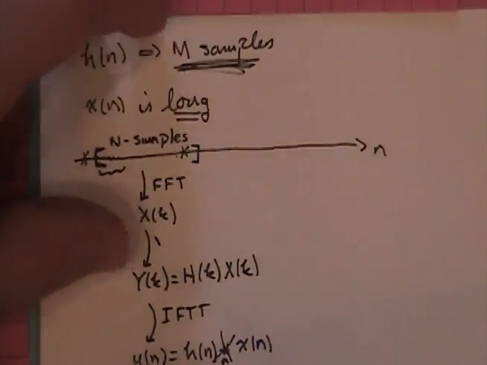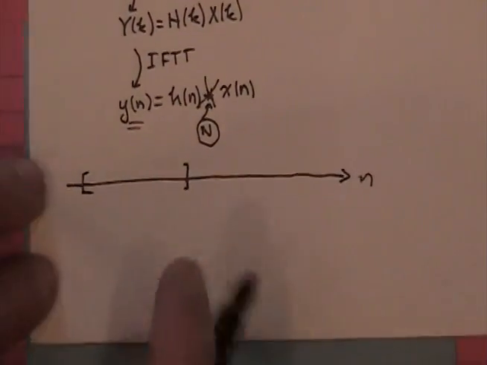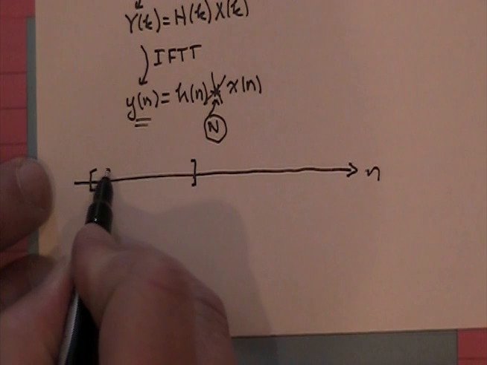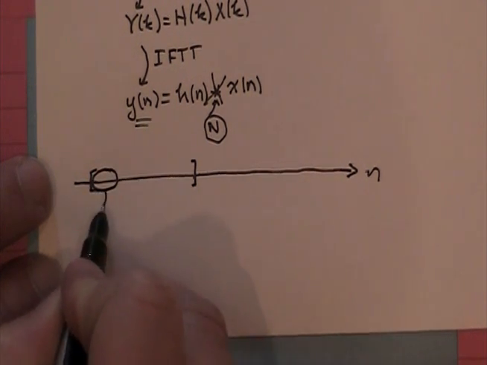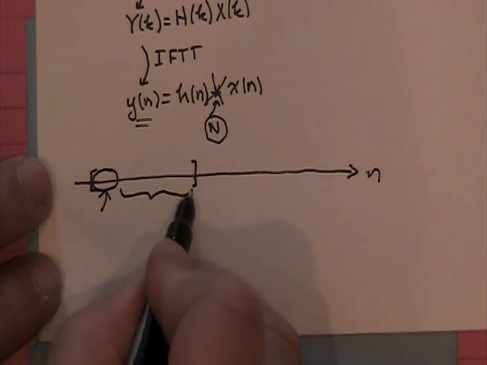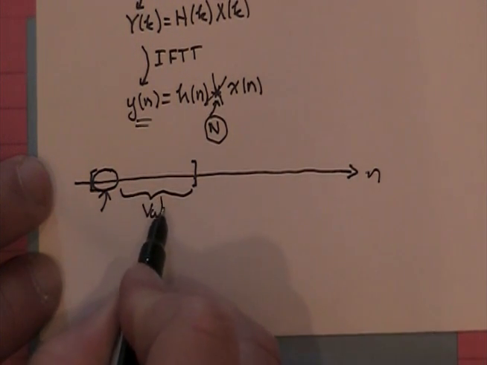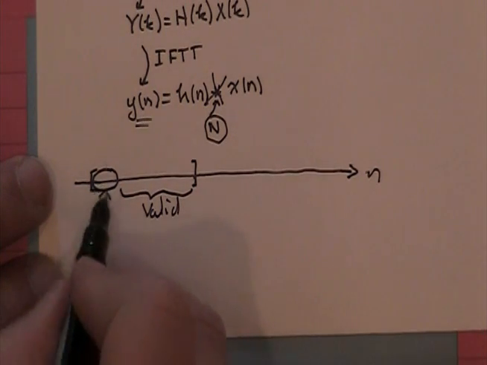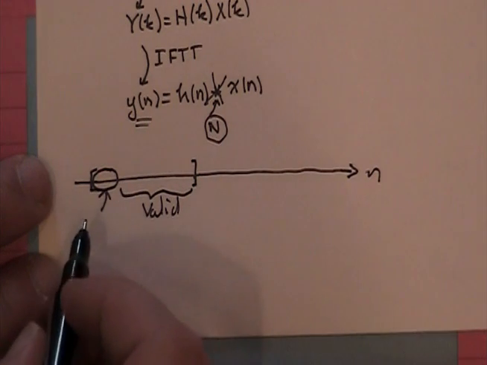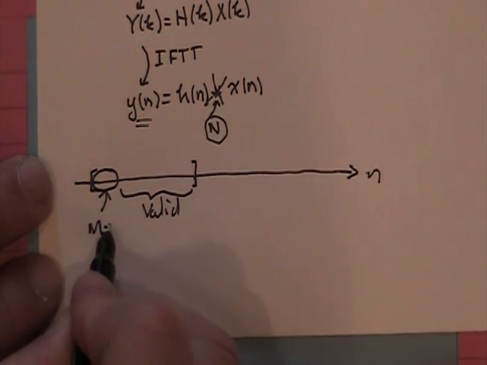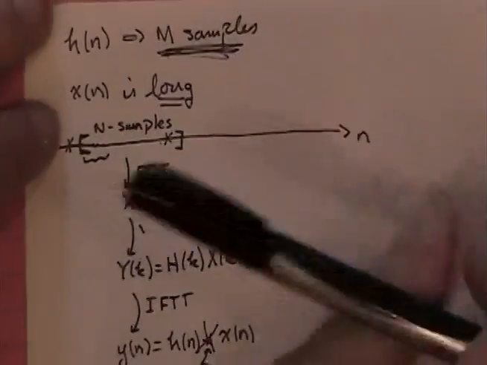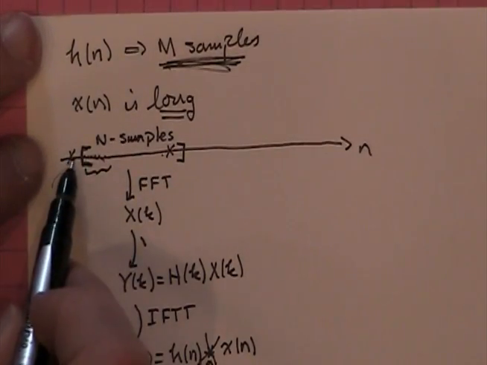Okay, so what ends up happening on my output sequence y of n is I get a little group of samples out here that are bogus, right? But for most of the array, I'm going to get valid values. And I can predict exactly how many bogus samples I get at the start of this array. There's going to be m-1 values. It's the whole set where, when I do the linear convolution, I would be indexing outside of the array.